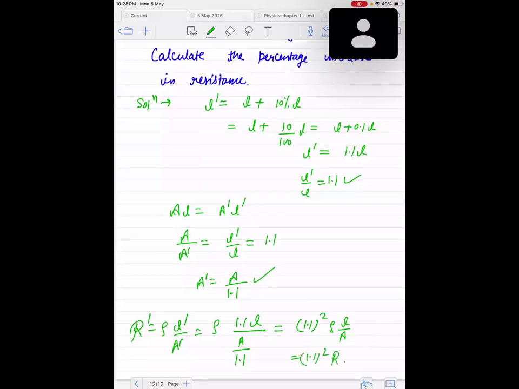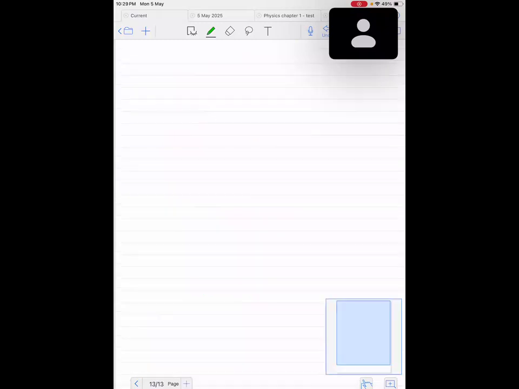So R prime by R is 1.1 square, which is 1.21.